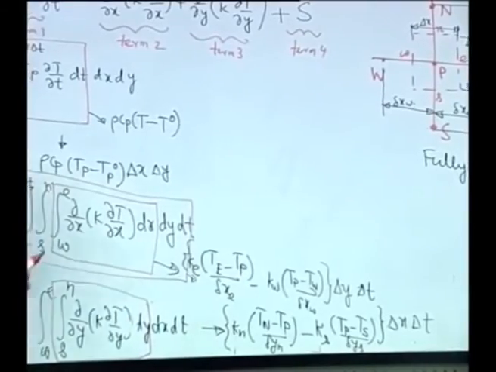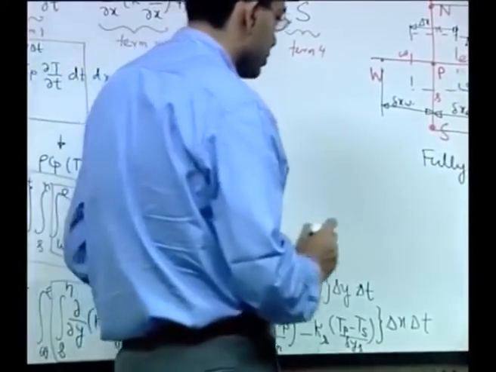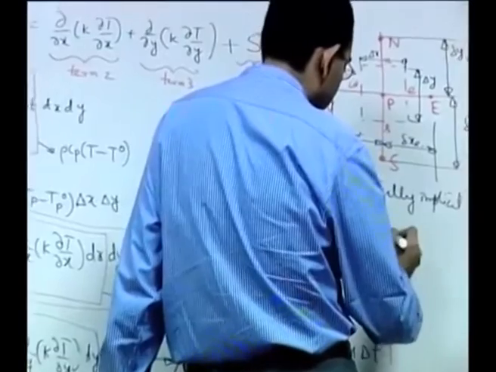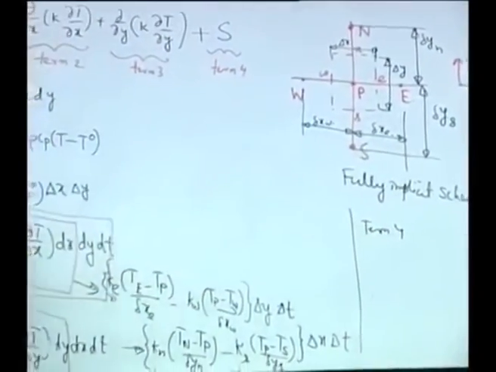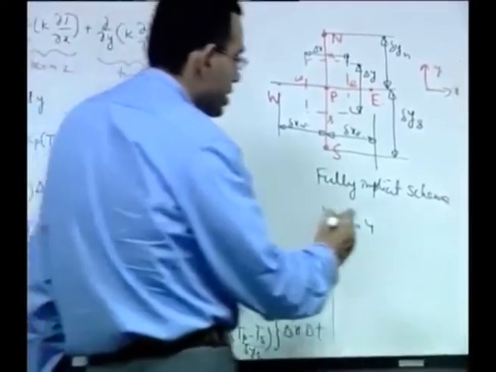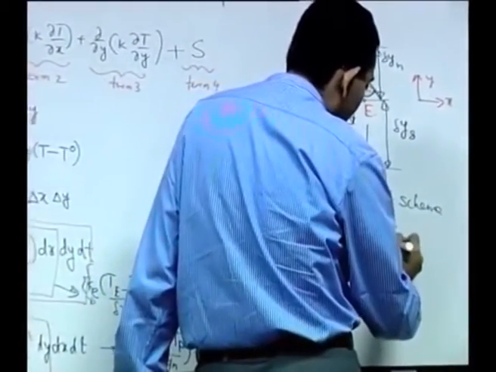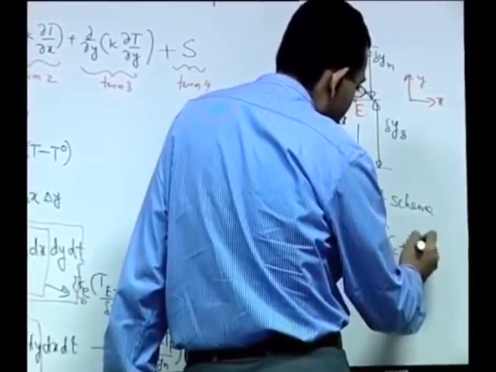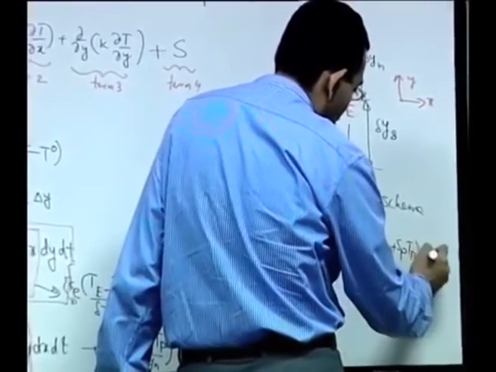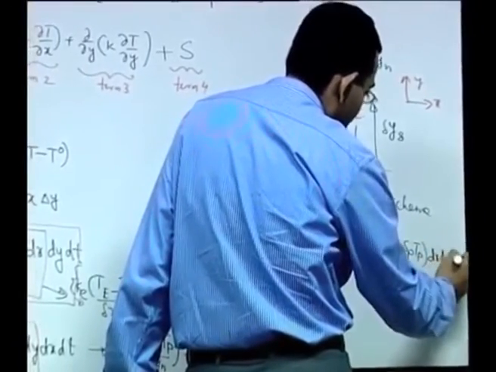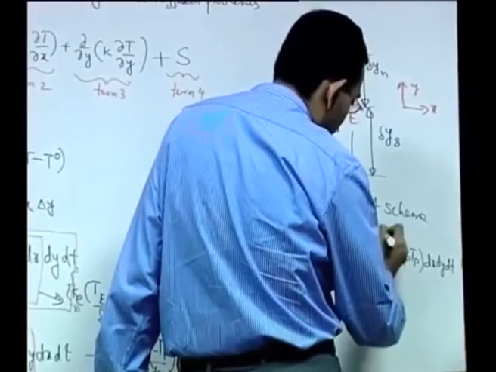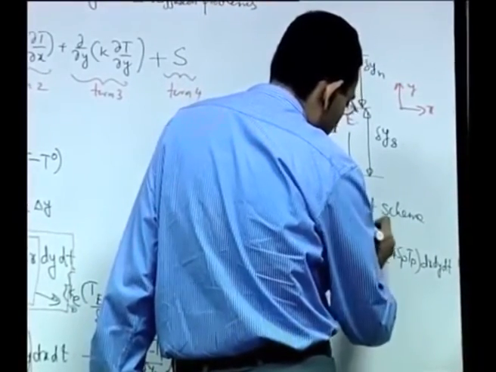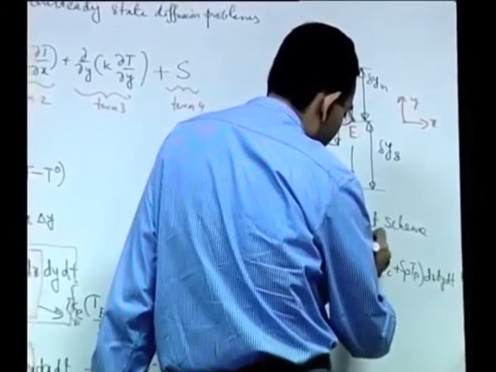And for term 4, you can consider S, the integral of S, as Sc plus Sp Tp into dx dy dt, x from small w to small e, y from small s to small n, t from t to t plus delta t.